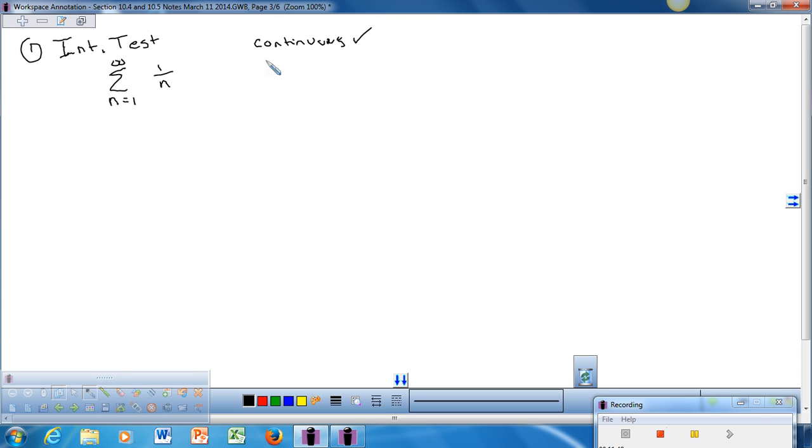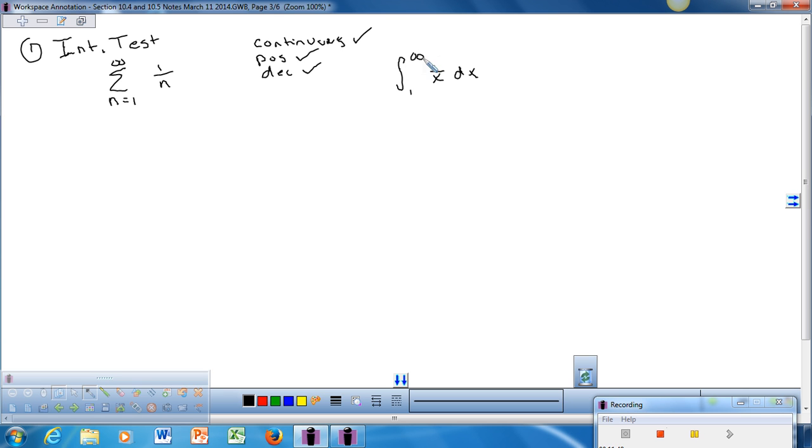Yep. Is it positive? Are all the values positive? And are they decreasing in absolute value? Indeed. So we can use the integral test. We will do an integral from 1 to infinity of 1 over x dx. And if this integral converges, then this series converges.